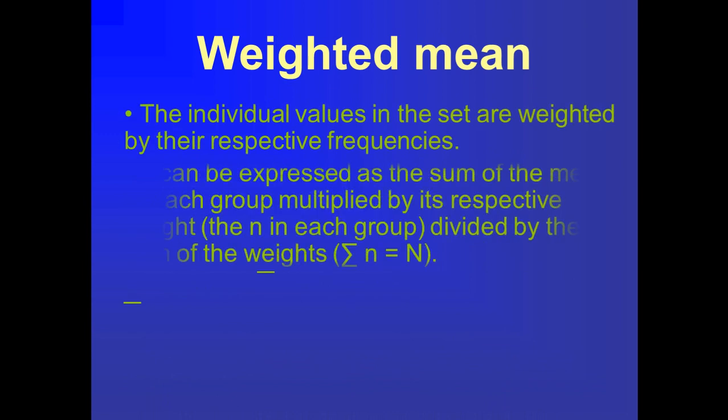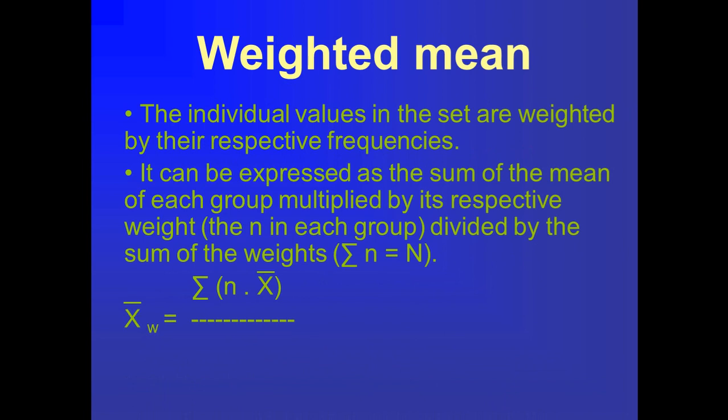The individual values in the set are weighted by their respective frequencies, so it can be expressed as the sum of the mean of each group multiplied by its respective weight, so the n in each group, divided by the sum of the weights. And here we have the equation.